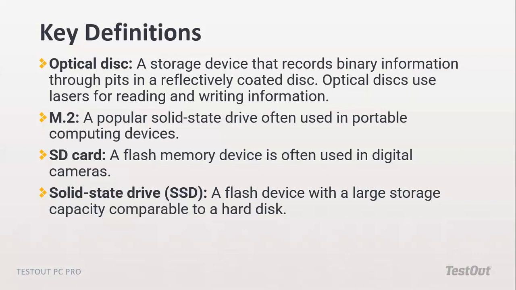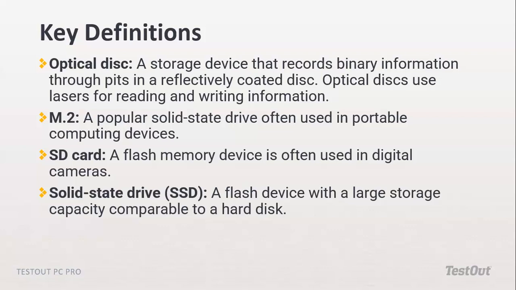Last but not the least, we're talking about the solid-state drive, SSD. It is a flash device with a large storage capacity comparable to a hard disk. So basically, you find a smaller piece of storage media with higher storage capacity as compared to hard disk drives. The abbreviation for solid-state drive is SSD, whereas the abbreviation for hard disk drive is HDD.